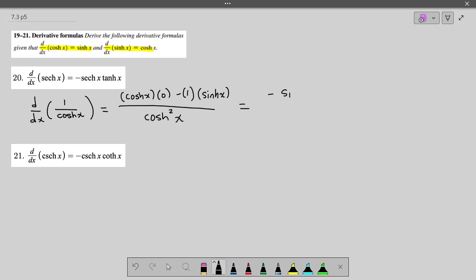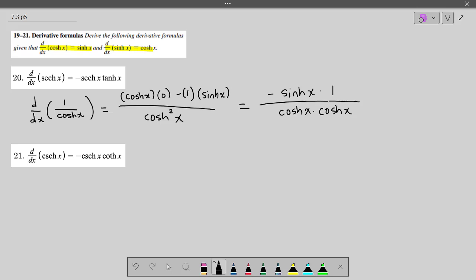So we end up with minus sinh of x divided by cosh squared. And here's where it's helpful to write this cosh squared in a product form here. And in the numerator, it's helpful to think of that as sinh times 1.